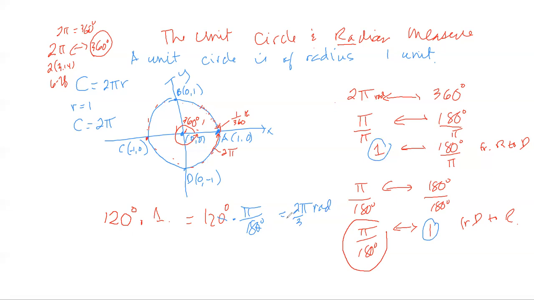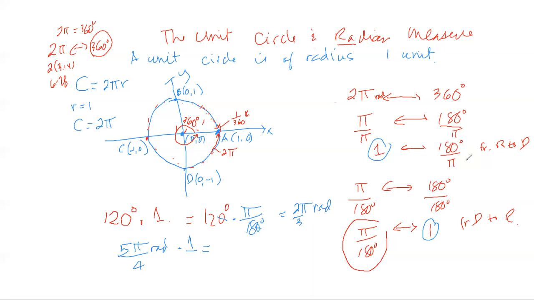Okay? So, what about if we want to convert 5 pi over 4 radians into degrees? So, I'll multiply this by a conversion factor which cancels the radian, the pi. So I cannot make use of this formula.